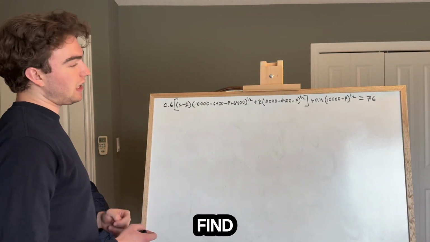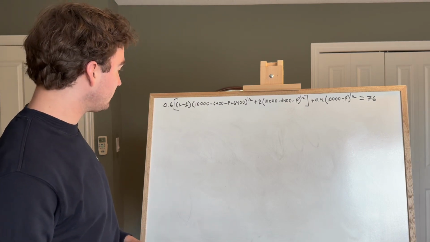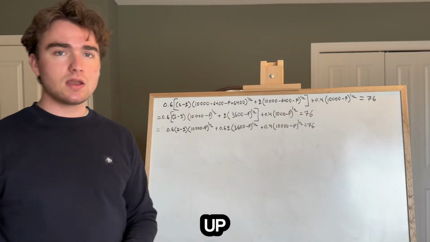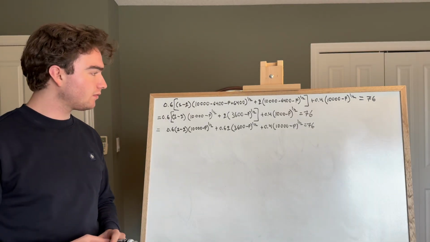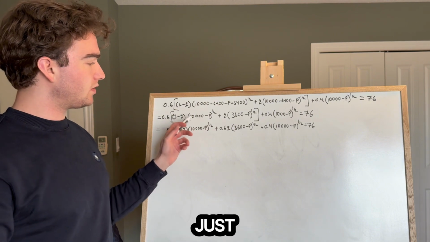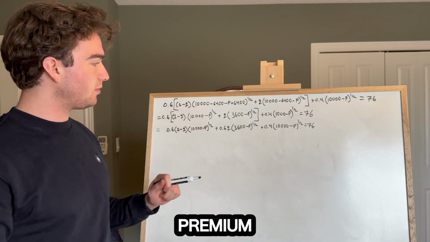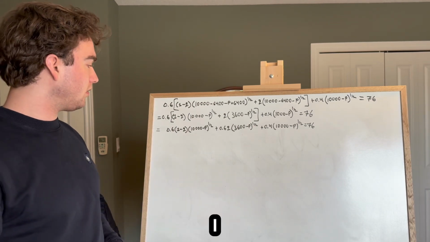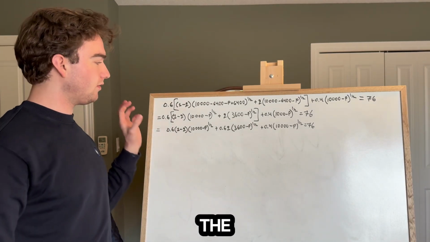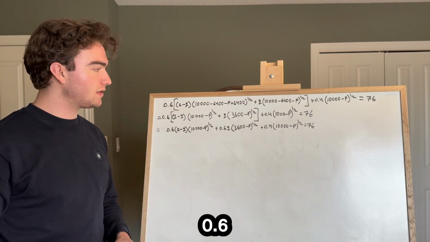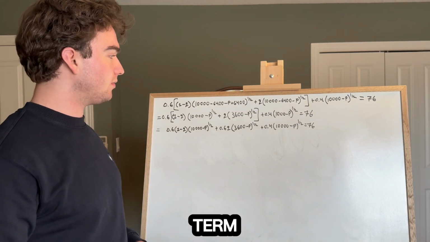So how do we find the Pmax? So first we should clean this up. Okay, so I've cleaned it up a bit. I cleaned up here because it's just going to be 10,000 less the premium. This has been cleaned up, and then I factored in the 0.6 into each term here.